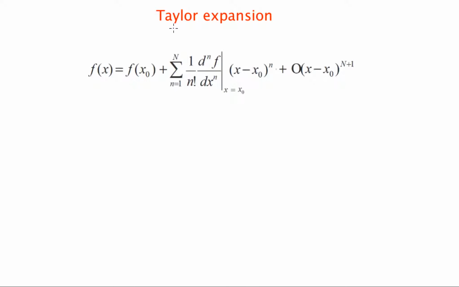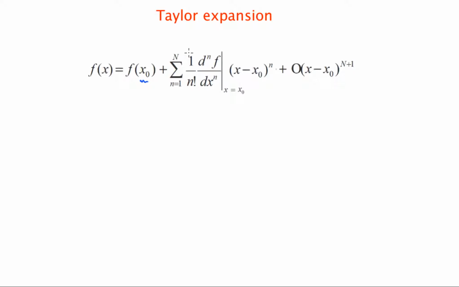And actually, the Taylor expansion is done around one point. In this case, we are going to call it x0. So the function is equal to the function evaluated at x0 plus the summation of different terms from n going from 1 to, in principle, if we want the expansion to be exact, infinity.